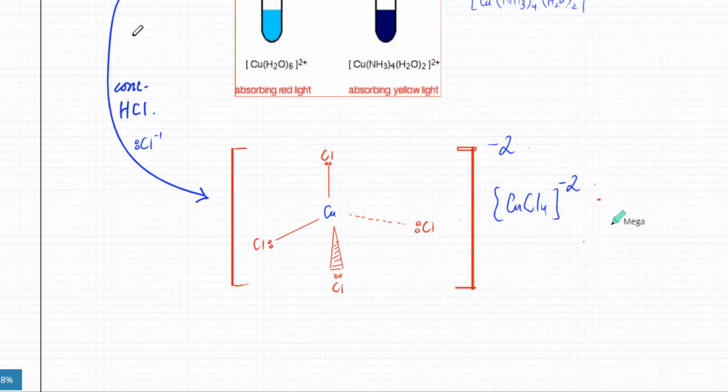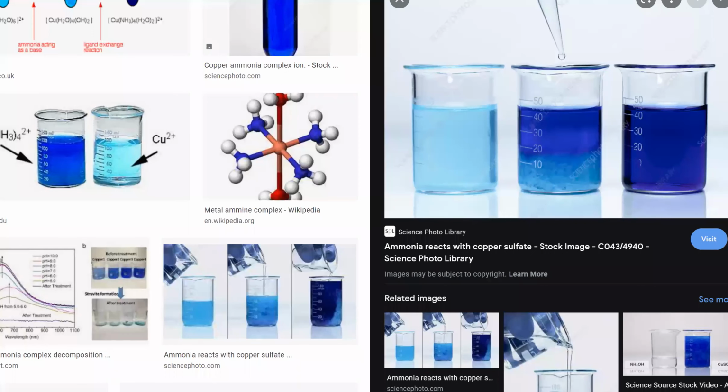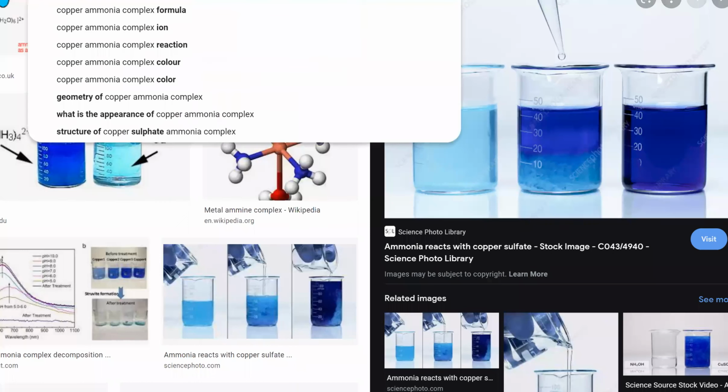And the color for this is going to be greenish yellow. That's with Cl-1, so you've got to remember this one as well. If we do have, I'll just copy paste it so we get good notes.